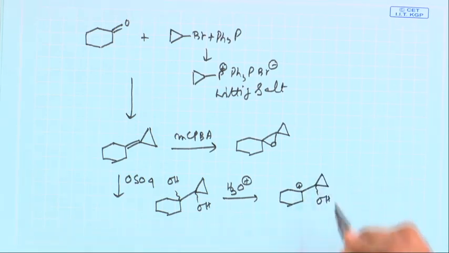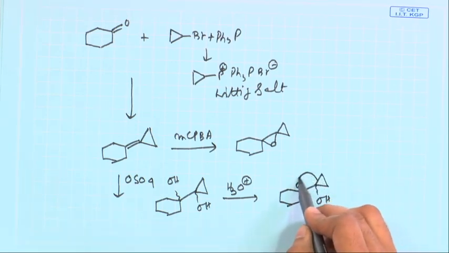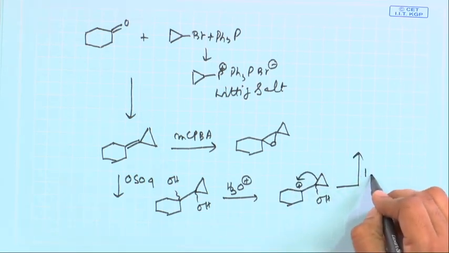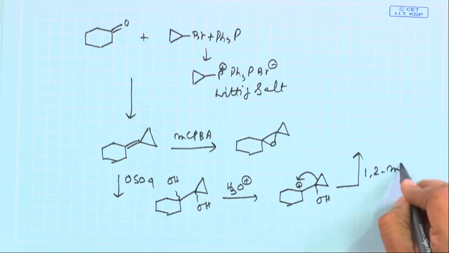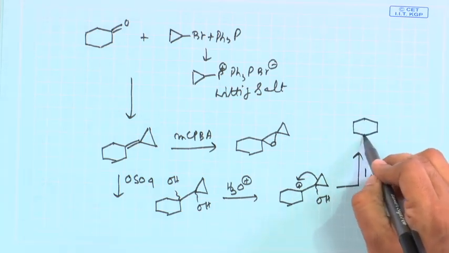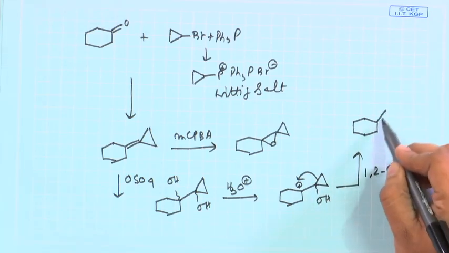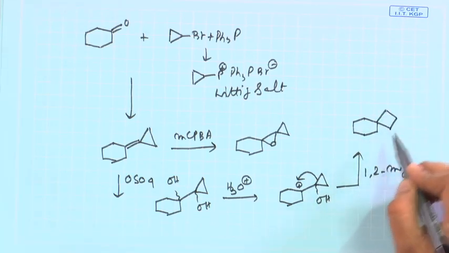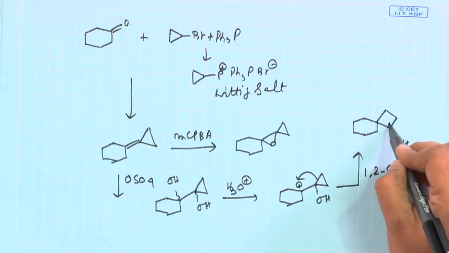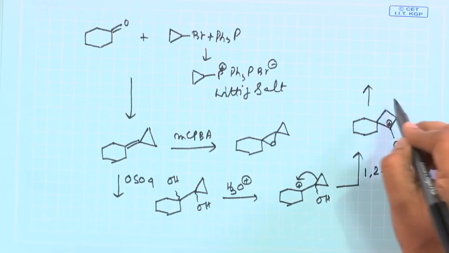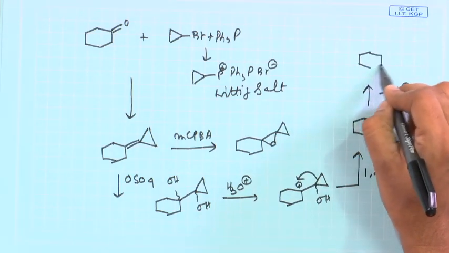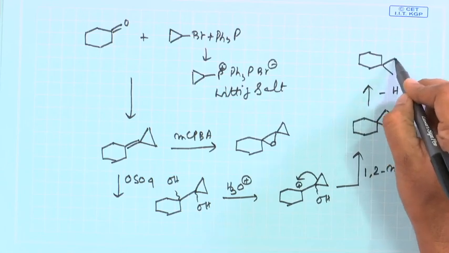Now, a 1,2 migration will take place, and this 1,2 migration will give you a ring-expanded four-membered ring with an OH and a positive charge. Now, this will lose the H plus to give you the desired target molecule.